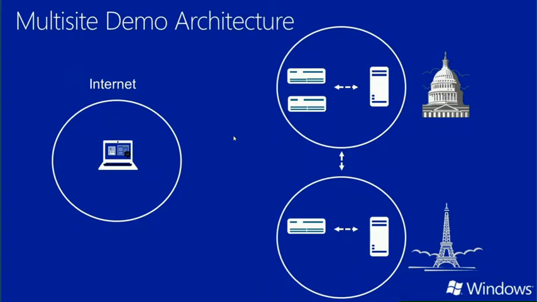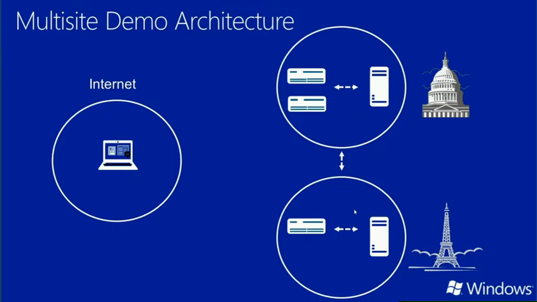I've got two enterprise locations, entry points, one in Washington, D.C., and one in Paris. And the Washington, D.C. and Paris sites are actually connected by a site-to-site tunnel, which is the arrow you see connecting those two circles. The Washington entry point is actually a cluster of two direct access servers in an NLB array.